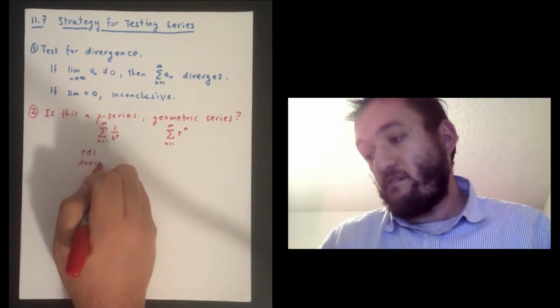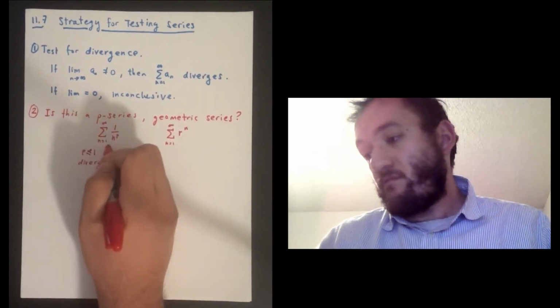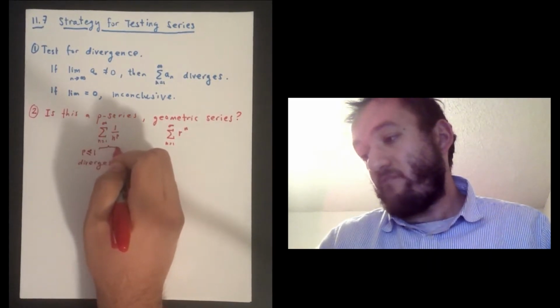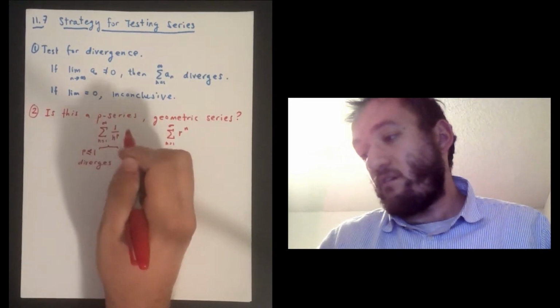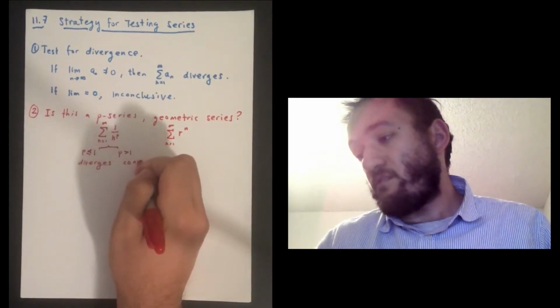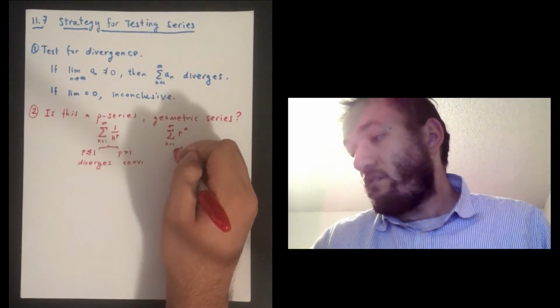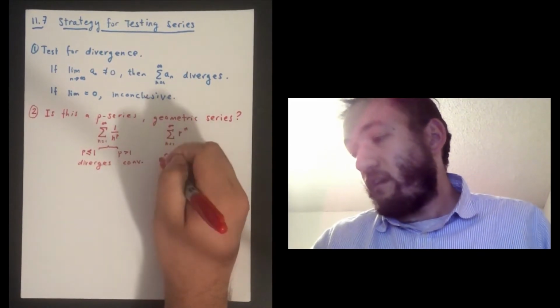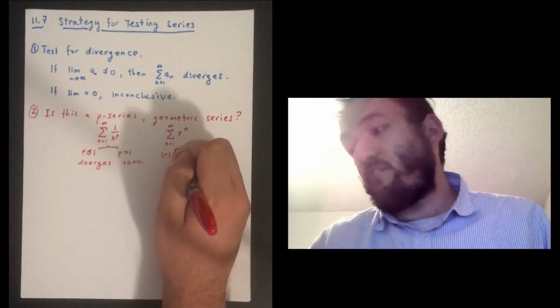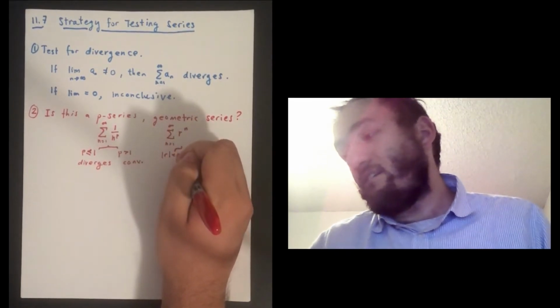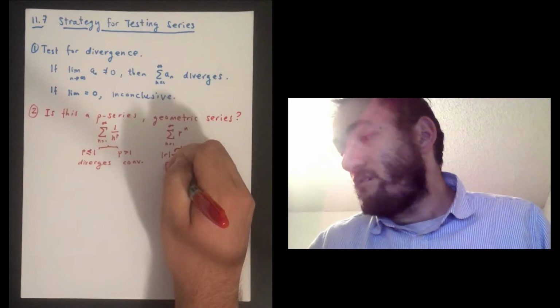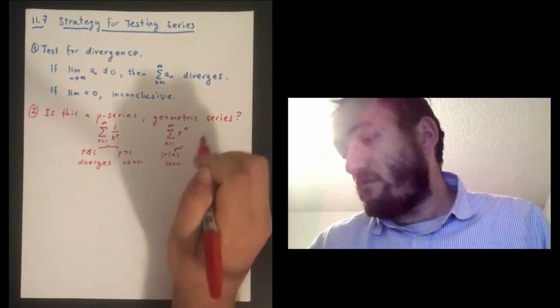And we know that if p is less than or equal to 1, this diverges. And if p is greater than 1, this converges. And similarly over here, if the absolute value of r is strictly less than 1, then this converges.